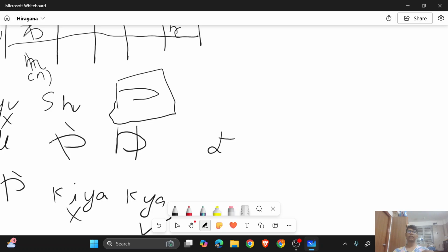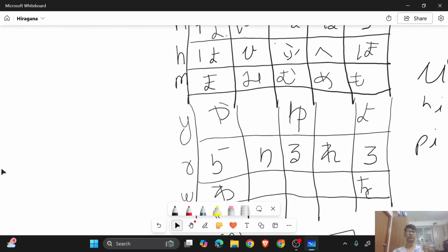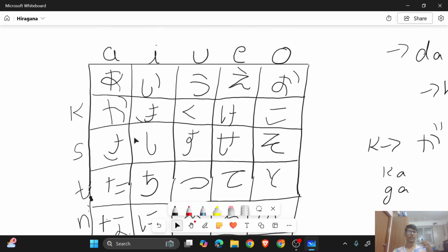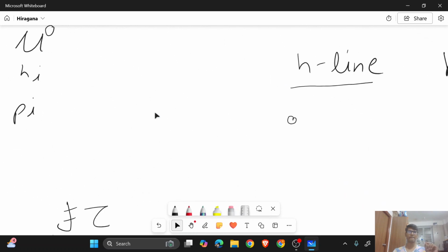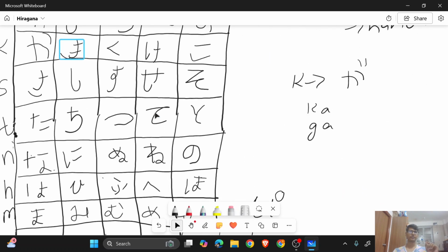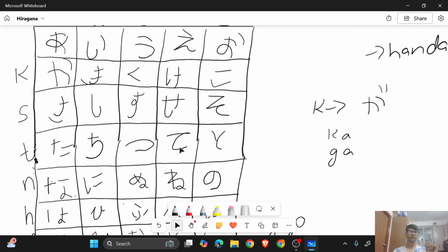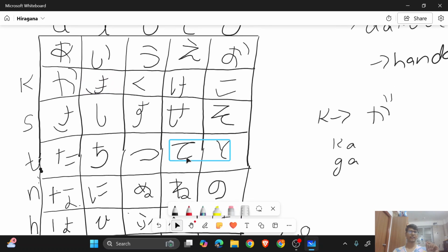What it does is, if we associate it with some characters, like say, if we look at the chart, then it will be ki and te.